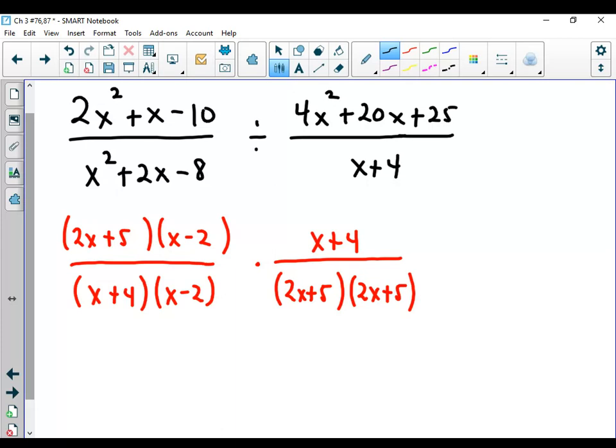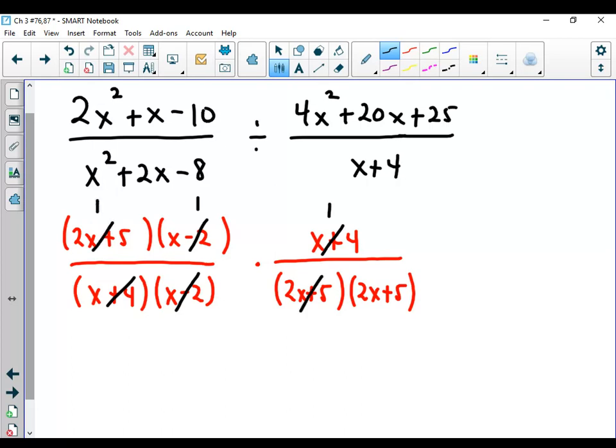And now again, we're looking to see what we can simplify. The reason I don't like the term cross canceling is that it makes it sound like it has to have one in one fraction, one in the other. But remember, it's really looking at a term that's being divided by the exact same term. So even like the x minus 2's here, I could actually simplify those down to 1. But I also have the x plus 4's and the 2x plus 5's.